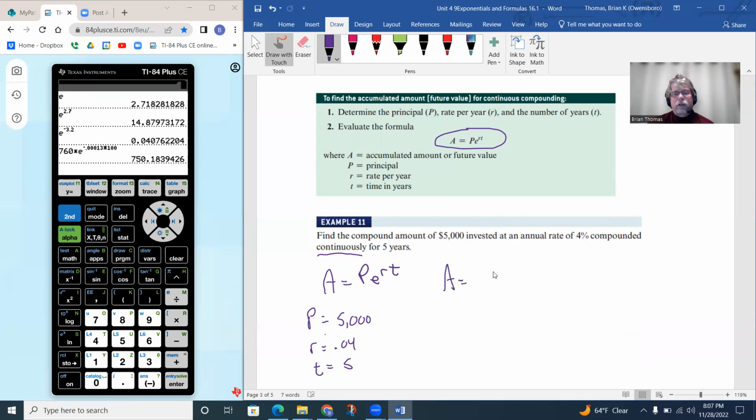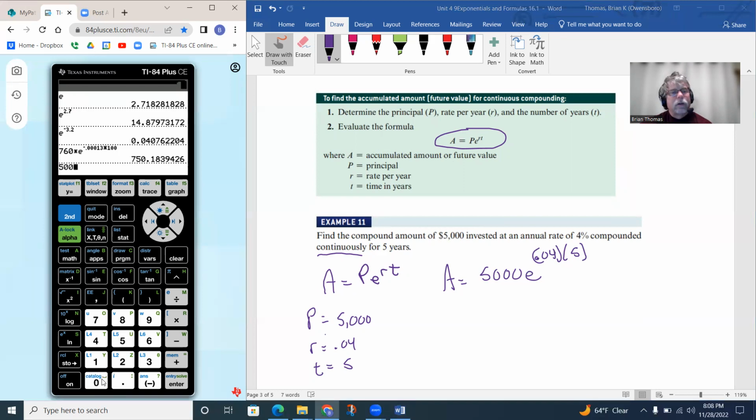So A is going to equal this 5,000 times E raised to the 0.04 times 5. So if I use that in my calculator, I can determine the compounded interest or the final amount.